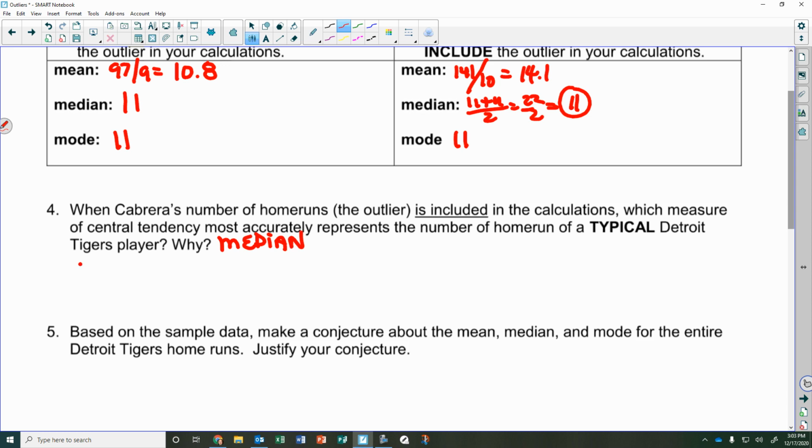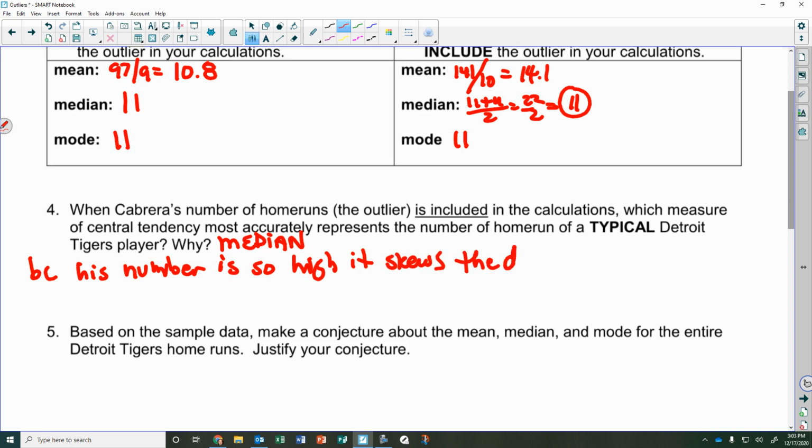And that's because his number is so high, it skews the data, meaning it makes the mean higher.